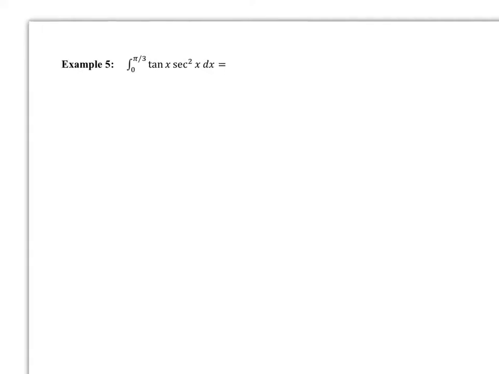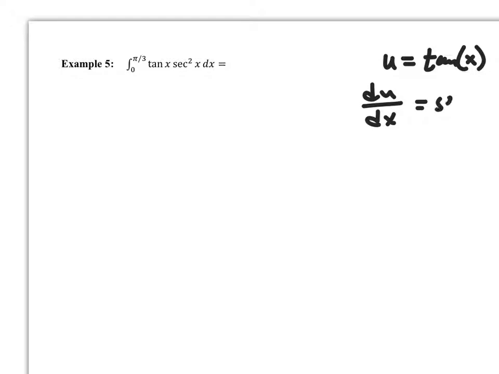Alright, let's do a couple more. Alright, and again, another definite integral. I would set u equal to secant squared. Nope, I wouldn't do that. I would set u equal to tangent x, because du dx is secant squared x.